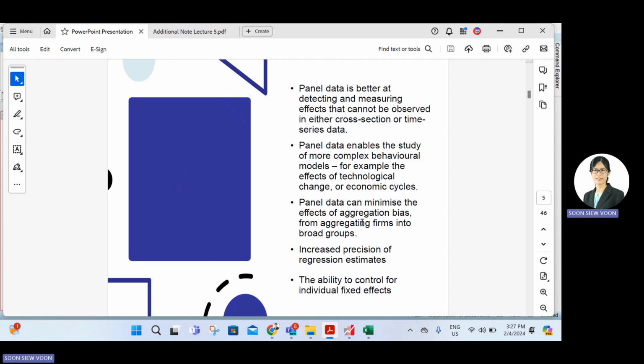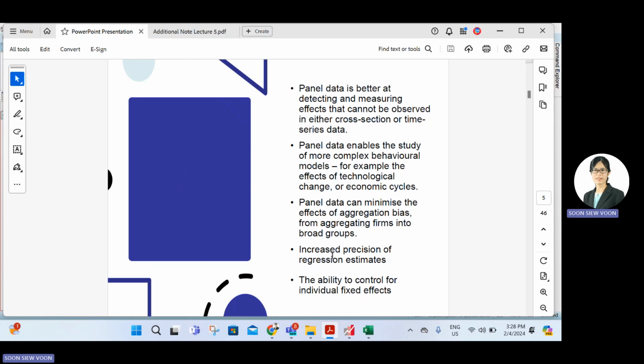Because sometimes people want to study at an aggregate level, and the aggregate level is going to have aggregation bias. So by studying the panel, we can minimize this bias. Using panel can also increase the precision of the regression, because it increases the power of the test, as it increases the number of observations and also the information.